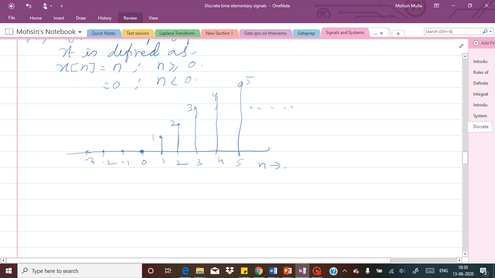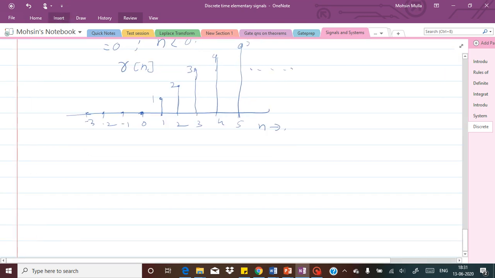This is called the unit ramp signal, and instead of writing x of n, we can write r for ramp, r of n.